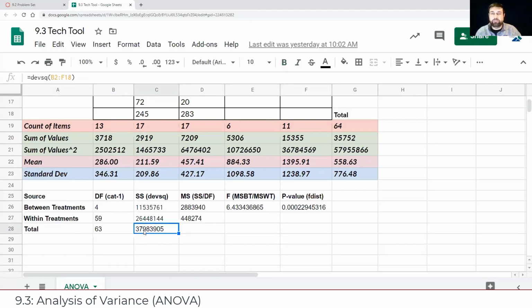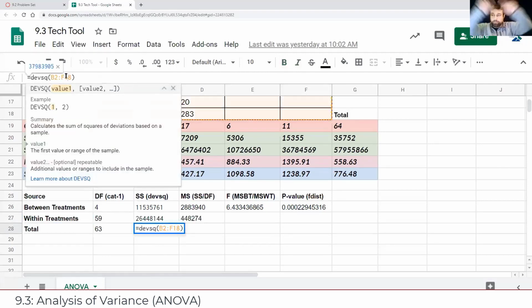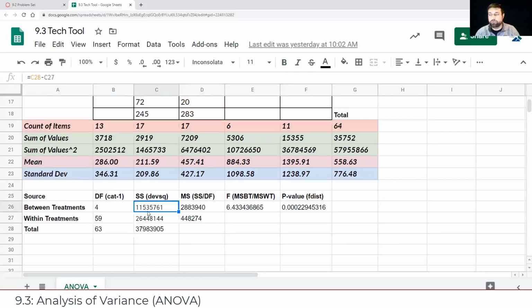Then you take the deviation squared of the entire population, and that will give you the total, and you subtract those two to find the in between or the between treatments. This is going to be done for you, right? Then you go to this and you divide this by this. So here's the division of those two, and then here's the division of these two. So that gives you your MS, which is SS divided by DF. And then finally, you divide those two numbers, and that will give you your F score.